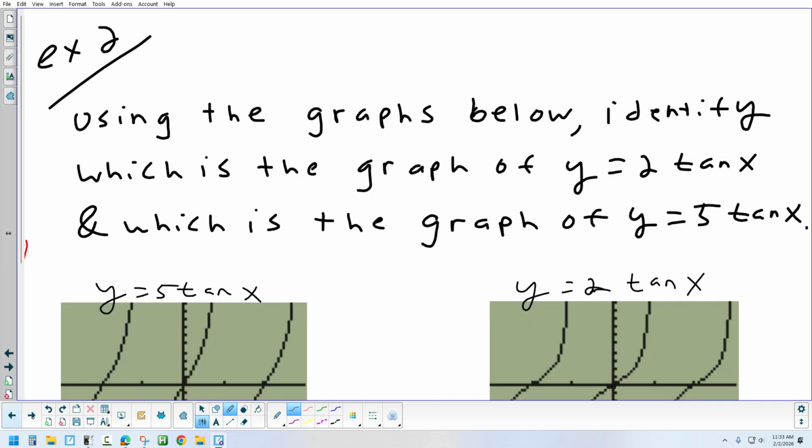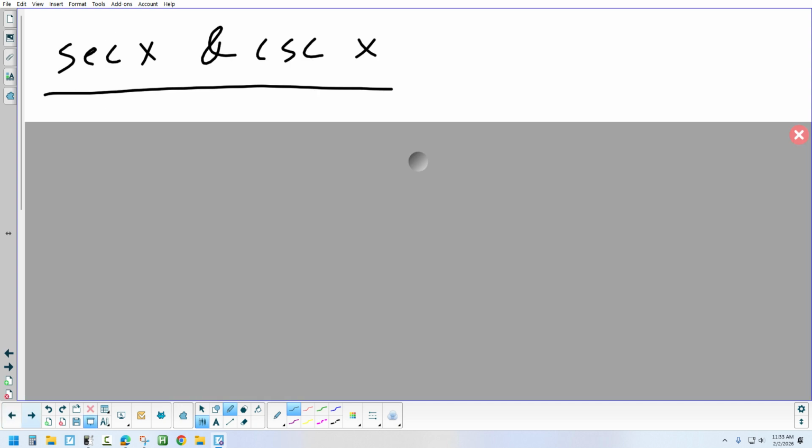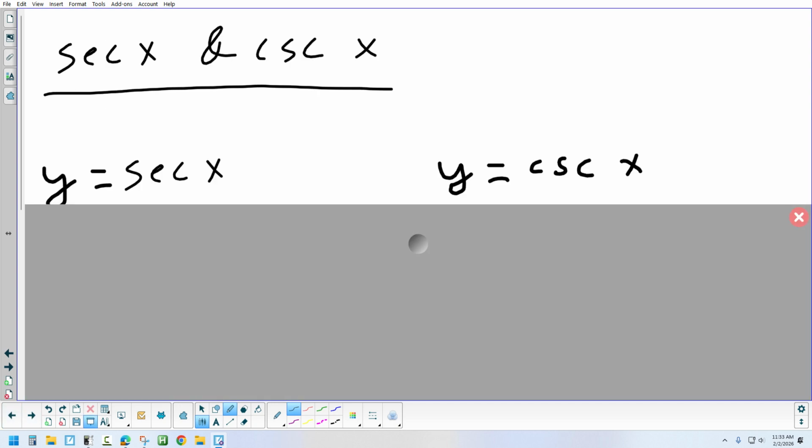All right. Okay, secant and cosecant. Let's look at secant. How can you write secant as a fraction, if you wanted to graph it on the calculator?